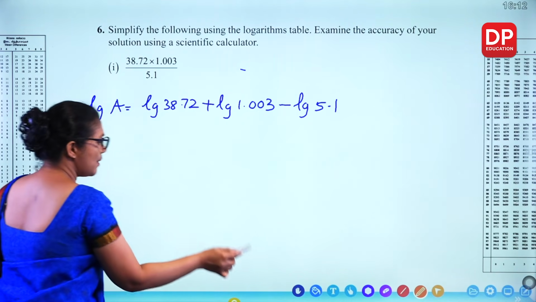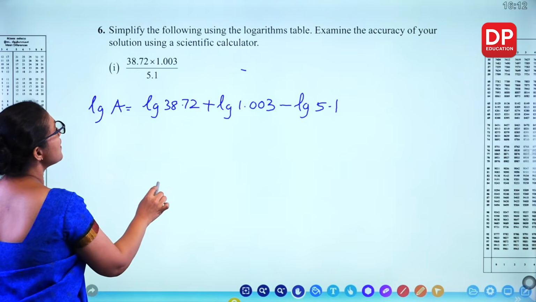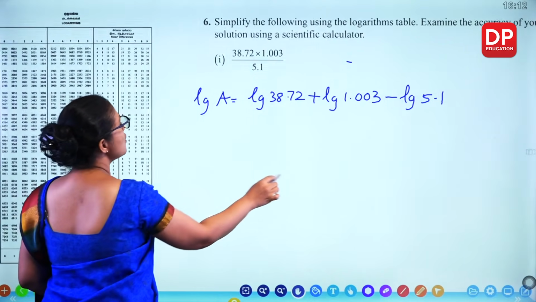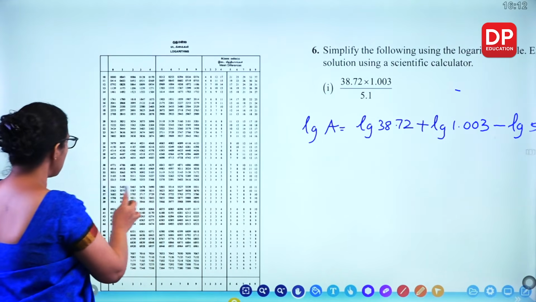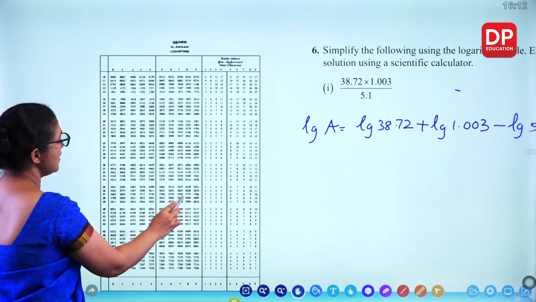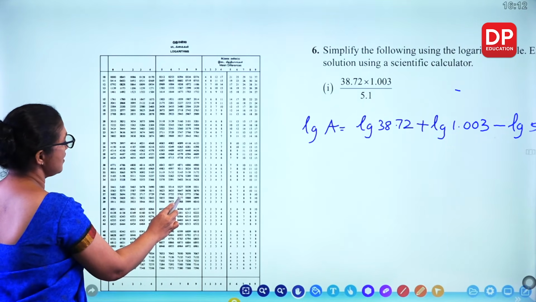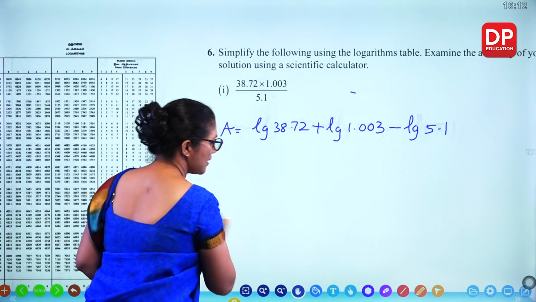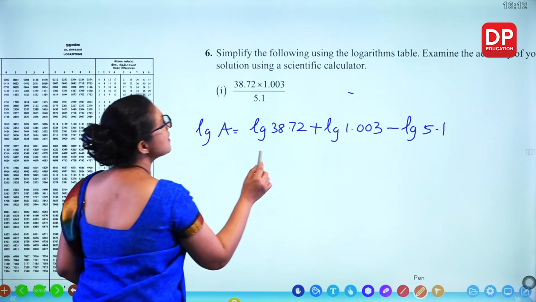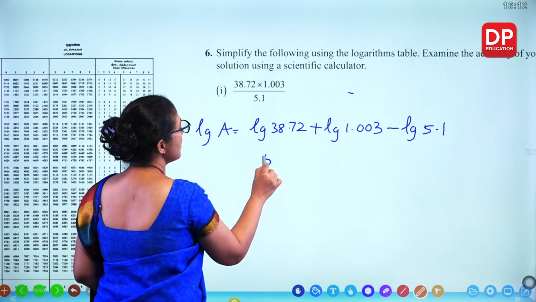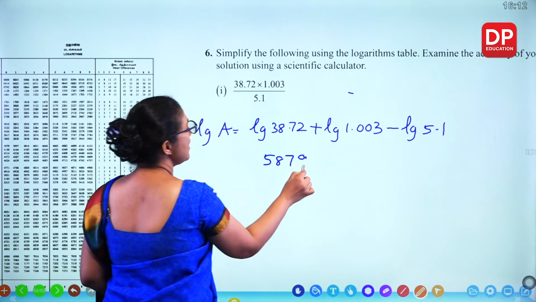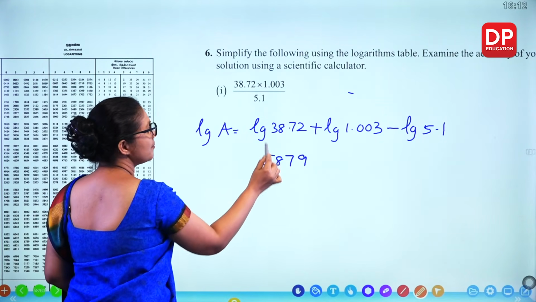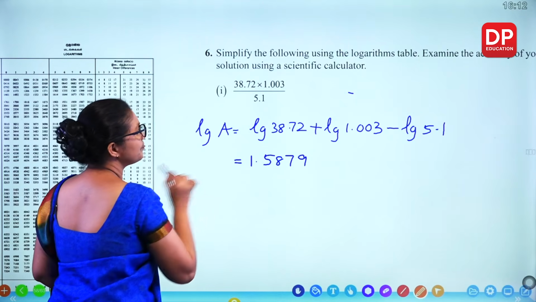Now look at the table. 38.72. 38.7 is this one. 2 is 2. So 58.79. Characteristic is 1.